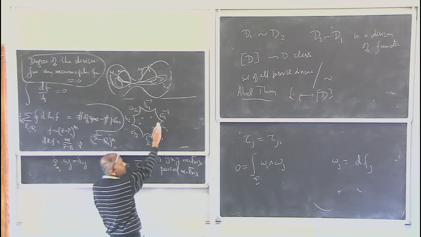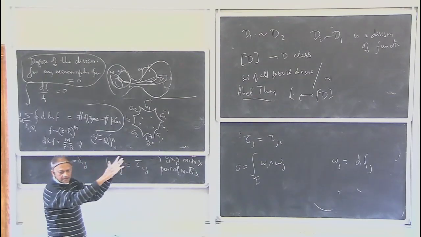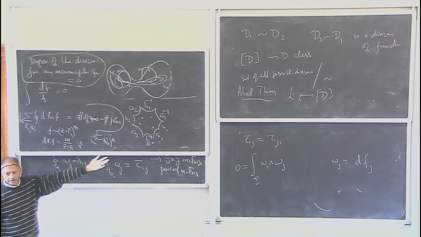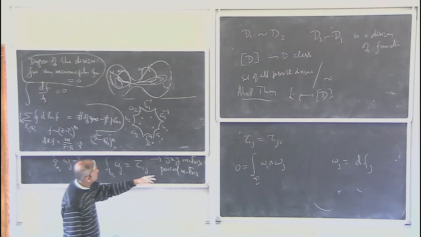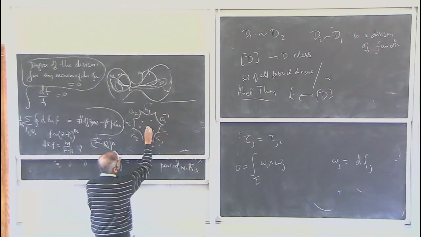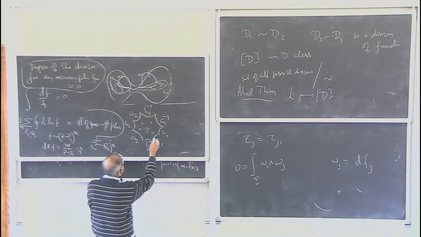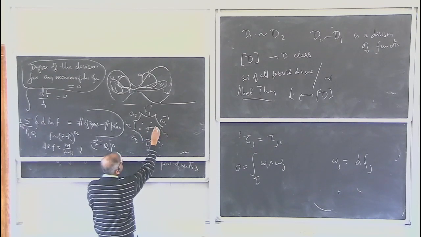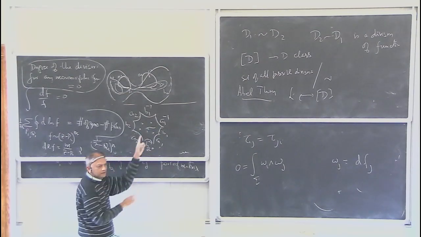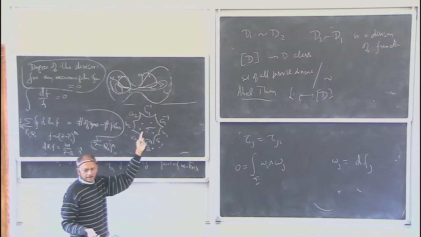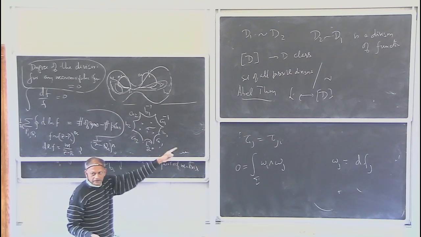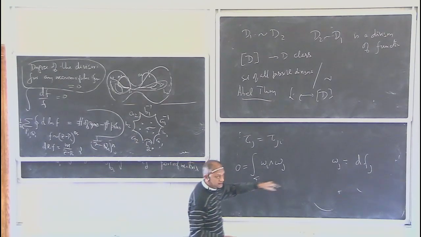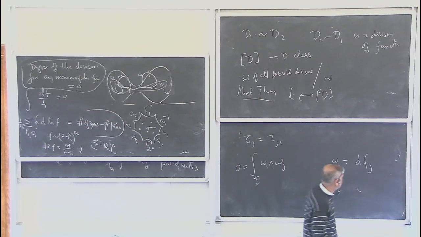But since this is now an open set, you can integrate it. Another way to say it is that you can choose some base point p naught here, and then define f by integrating omega j from there to there along any curve. That will define fj, because these are closed forms.